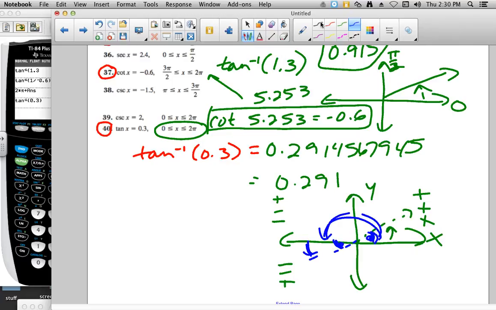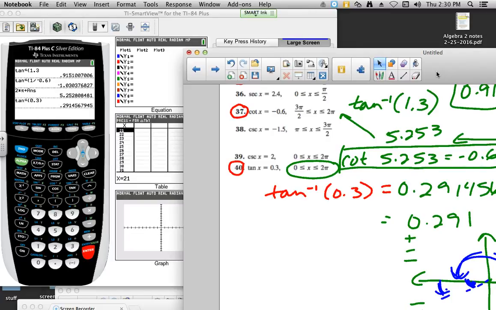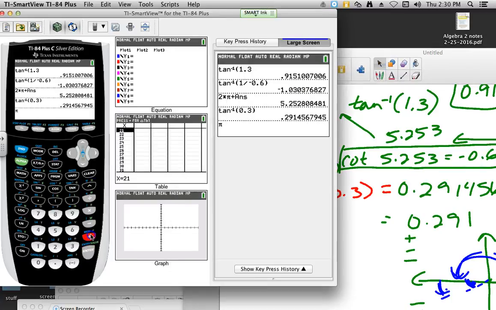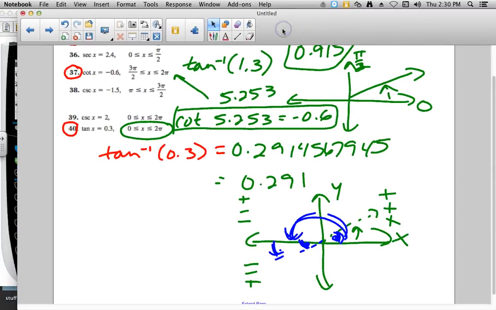Well, that's not going to be hard to do because these two are congruent. So if we just take pi plus the answer we just had, we'll get it. So let's go back and tell the calculator we want pi plus the answer we just put in. And there it is, 3.433, blah, blah, blah. So there is the other one.